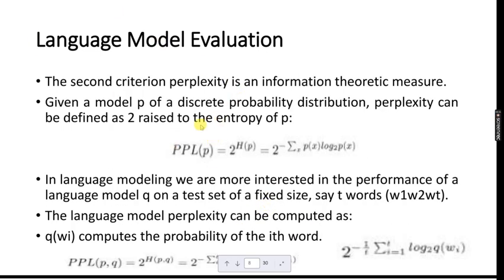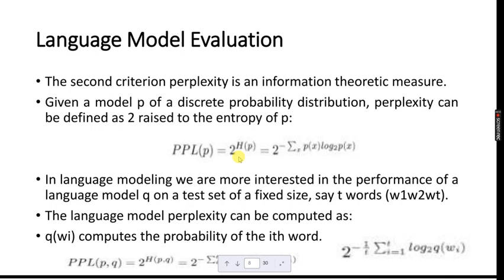Next is the second evaluation criterion of language evaluation, which is based on this formula. This is actually called the discrete probability distribution, and it is defined based on 2 raised to the entropy.